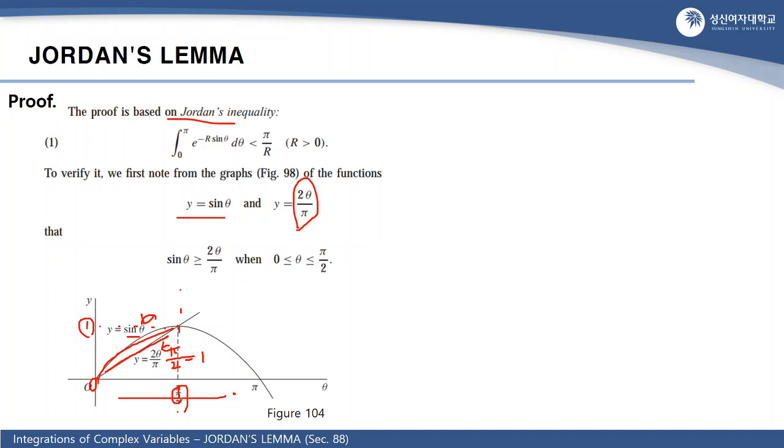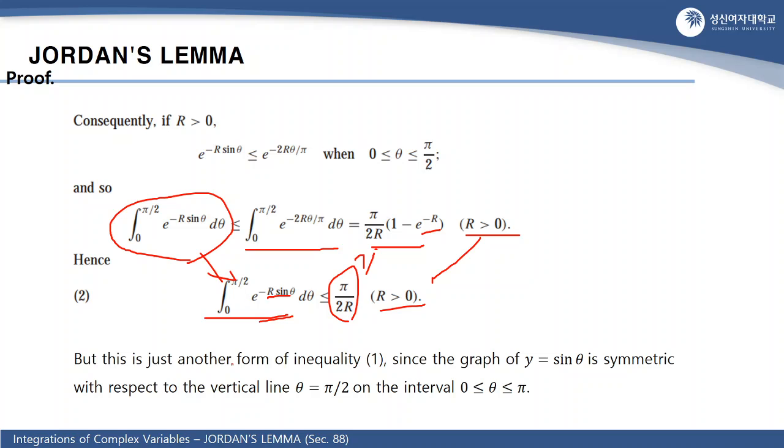So what we can say is that the integral from 0 to pi of exponential of negative capital R sine theta is twice the integral from 0 to pi over 2, with the same function.